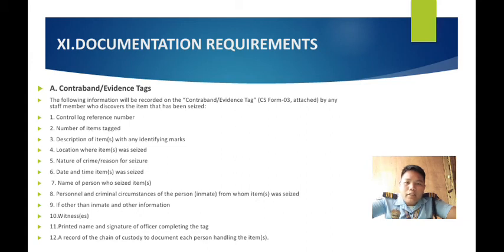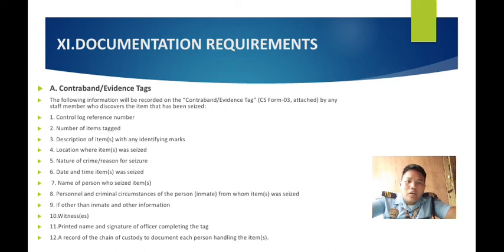If other than the inmates, other information, witnesses, printed name and signature of the officer completing the tag. Then last, a record of the chain of custody to document each person handling the items.